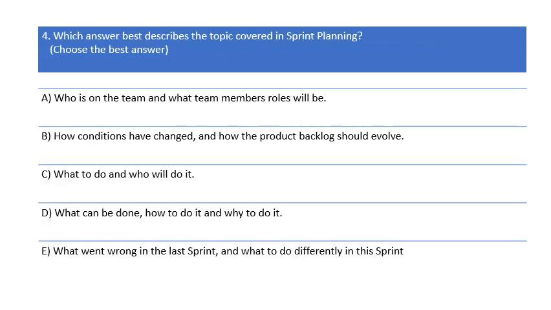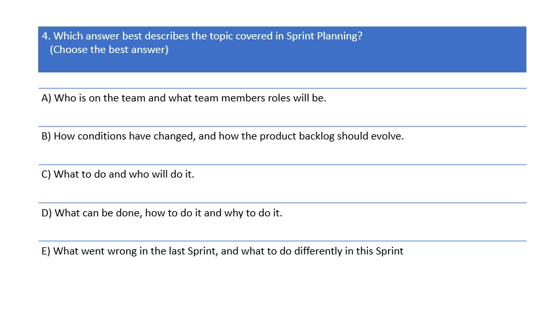Question number 4. Which answer best describes the topic covered in sprint planning? Choose the best answer. Option A. Who is on the team and what team members' roles will be? Option B. How conditions have changed, and how the product backlog should evolve?